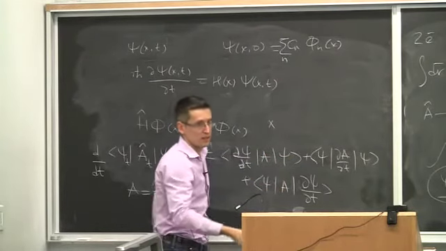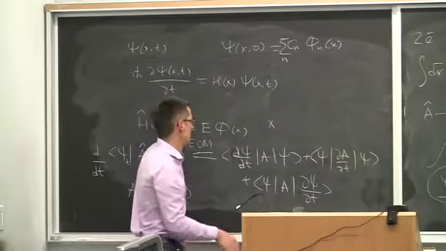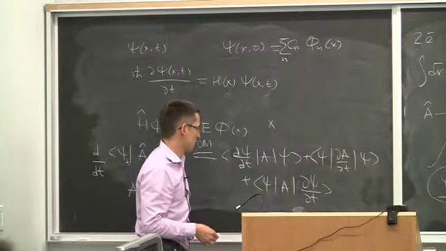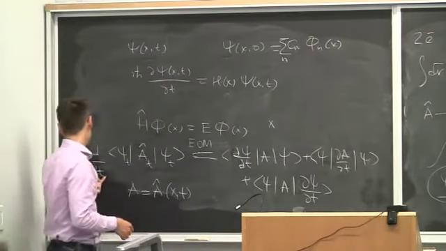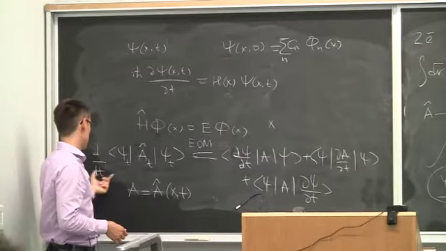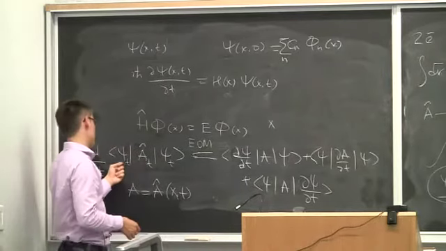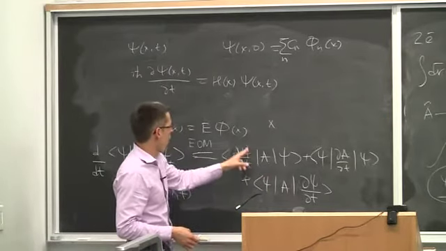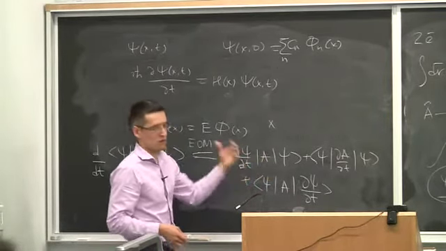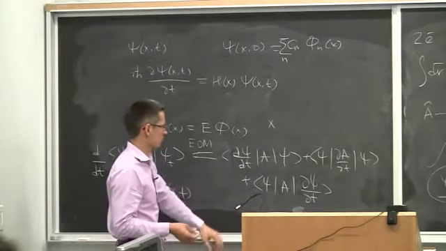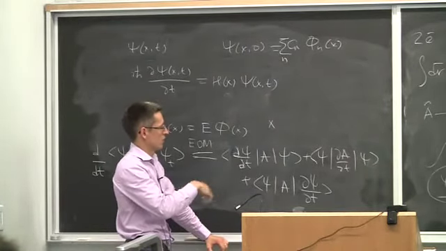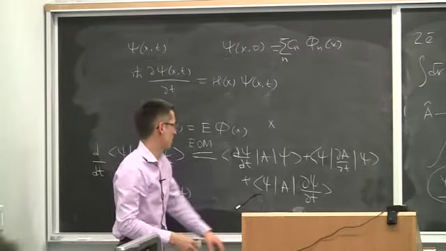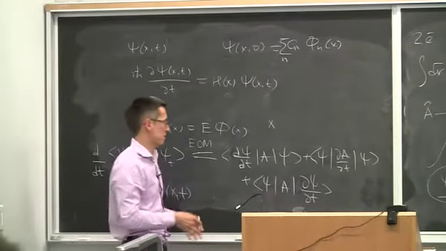So then there's a point of separating partial and full derivatives. Here we wrote the full derivative because the operator can depend on time, psi can depend on time. And then all these quantities have only one time dependence, right? So there is no need to do the chain rule, differentiating first with respect to x and then x with respect to time. So there is no hidden time dependence.